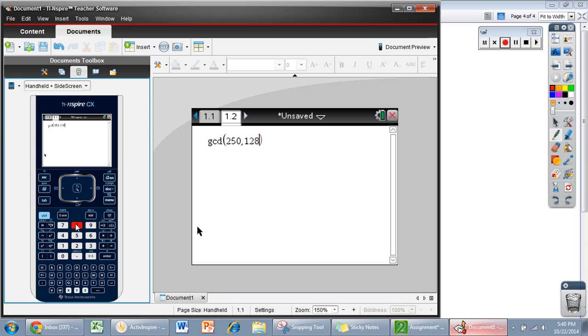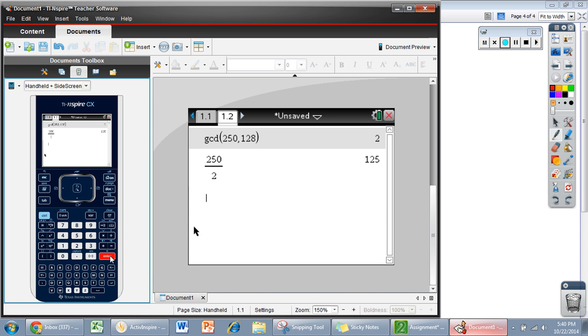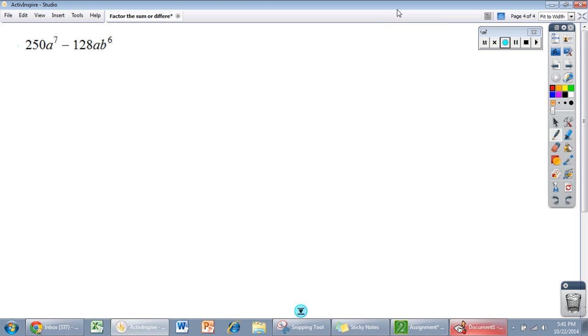You may already know what that is, but if you're not sure, it doesn't hurt to double check yourself, because heaven forbid we get a factor but not the greatest one. Well, the only greatest common factor between those two numbers was 2. So let's divide by 2: 250 divided by 2, and now we take that 128 and divide it by 2. So there are our two numbers that we're going to be using.